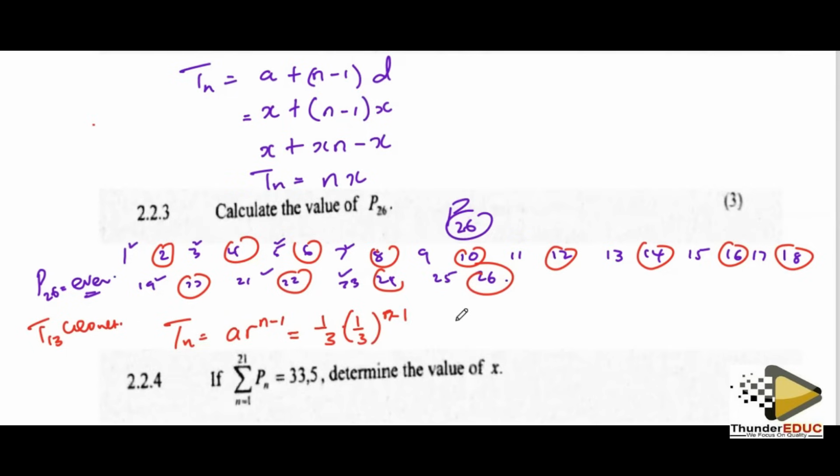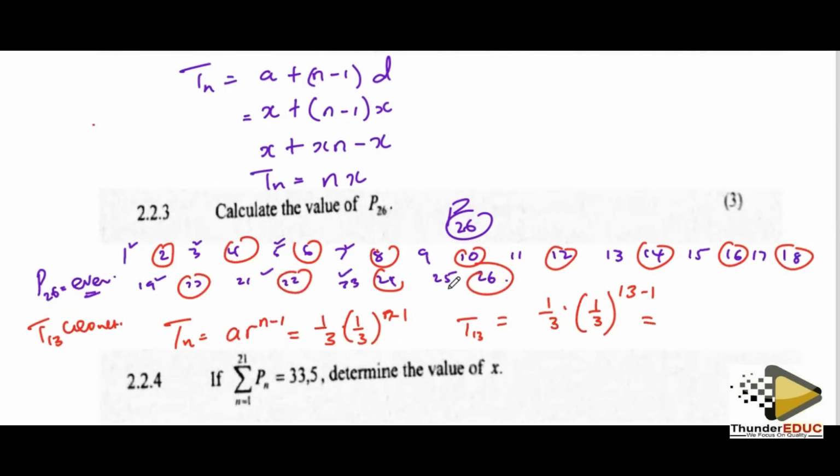Now since I'm looking for T13, it's going to be 1 over 3 times 1 over 3 to the exponent of 13 minus 1. You can just put this into the machine. So the calculator. This is 1 over 3, to the exponent of 13 minus 1.